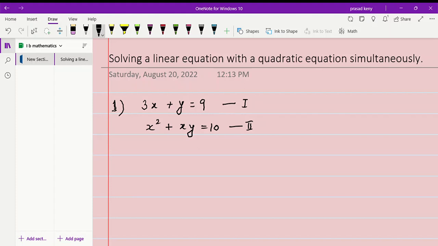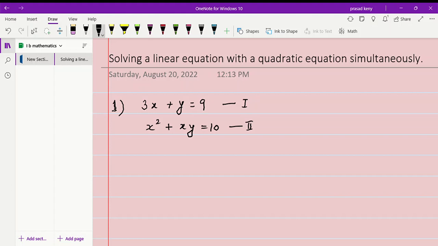So whenever you solve such two equations simultaneously, you will always use the substitution method. First, you'll always consider the linear equation, and from the linear equation, you'll either express x in terms of y or y in terms of x. Now, in this case, the y coefficient is 1.